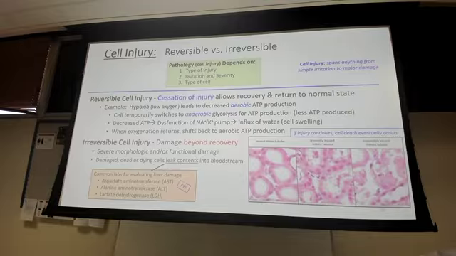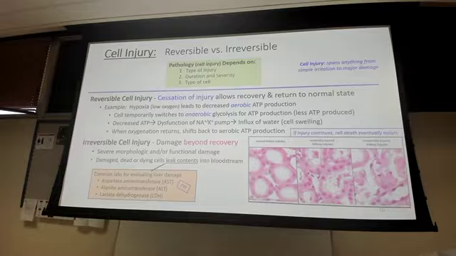And I have this example here of these kidney tubules. If you look at the normal kidney tubule, you can see it looks great. You can see the nucleus, you can see the membrane, the borders. Looks like a nice normal cell. When you get to that reversible injured kidney tubule, it doesn't look too great, right? But you can still kind of make out the nucleus. You can make out the borders.